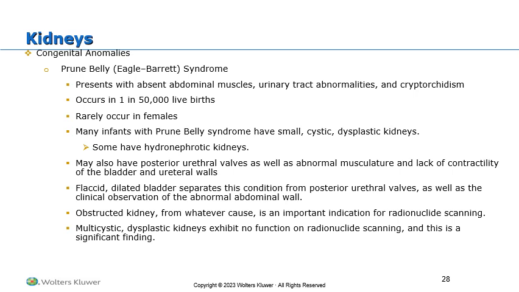Either way, obstructed kidneys will usually occur, and this is probably an indication where they would send these babies to nuclear medicine for radionuclide scanning. The radionuclide scanning would help determine if there was any metabolism, if it was obstructed or if it was non-functioning. So that would also be helpful in the final diagnosis of this.